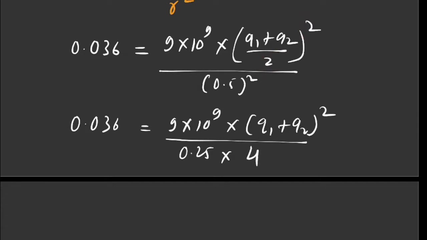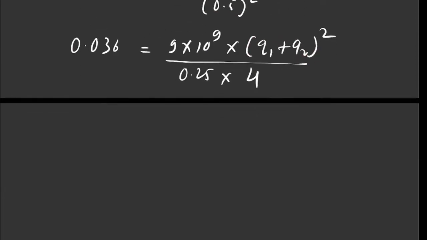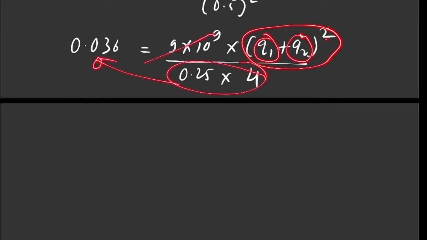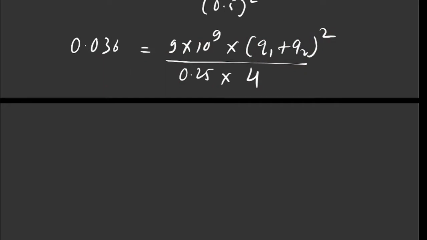So this is what we got. And from this formula, can you get the value of q1 plus q2? Yes, we can get it from this formula. Now let us simplify for (q1 plus q2) whole square. Keep (q1 plus q2) whole square here only, because we don't know the values of q1 and q2. We need to find that out. Now just bring this side, and this becomes divide here. Now (q1 plus q2) whole square becomes equal to what?